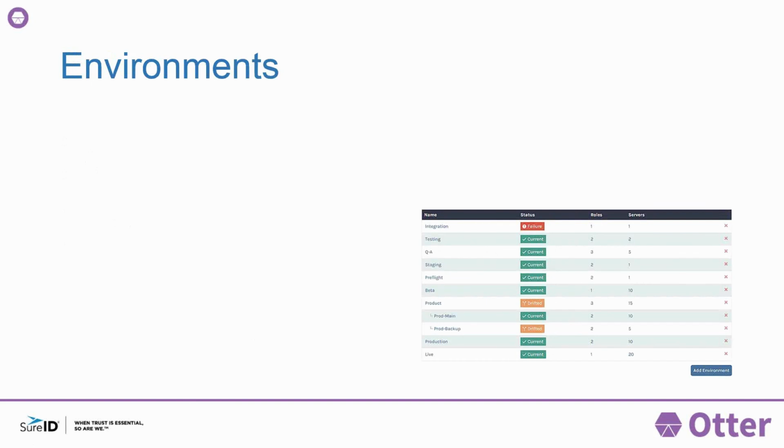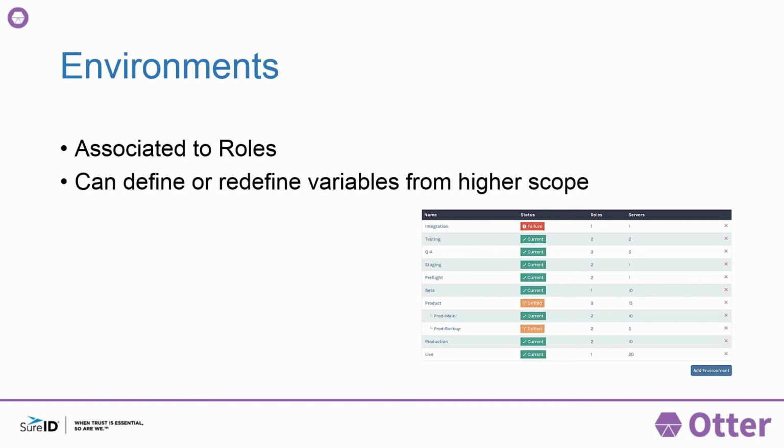There's also a concept of environments. Environments are associated to roles. They can define or redefine variables from a higher scope. So the order of scoping is going to be global, environments, roles, server. They do not have configuration plans.